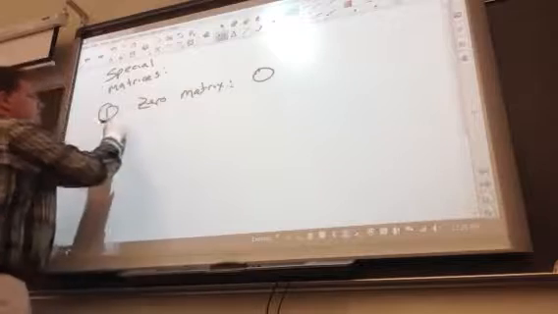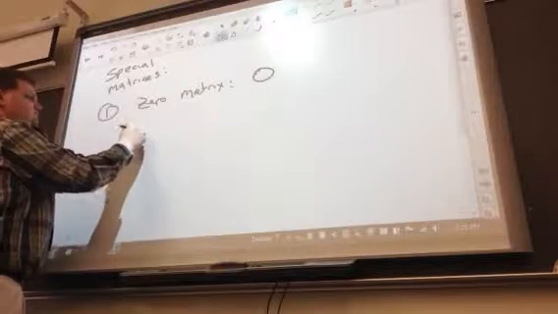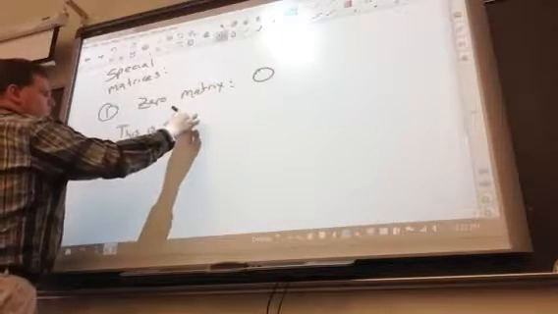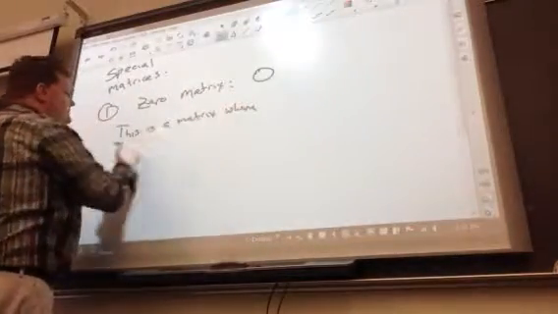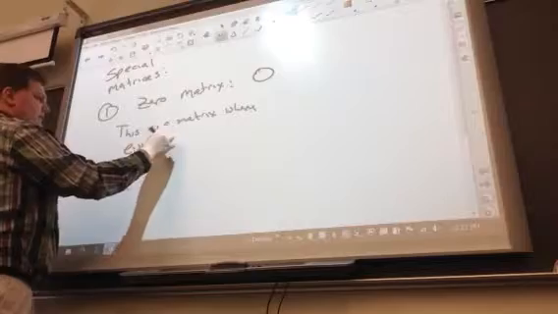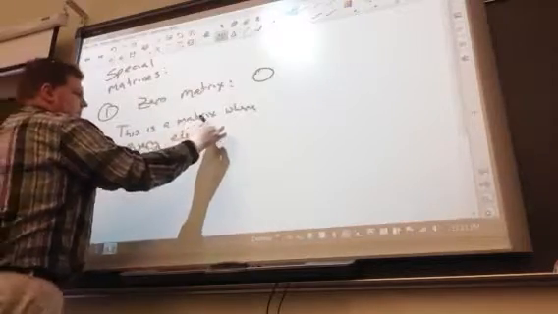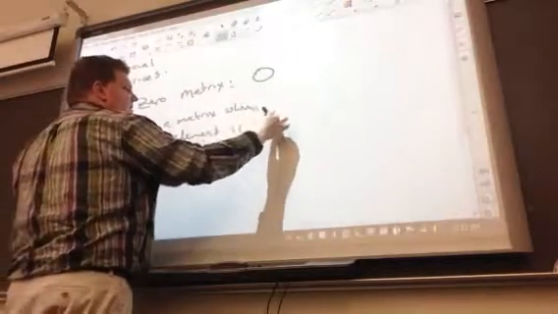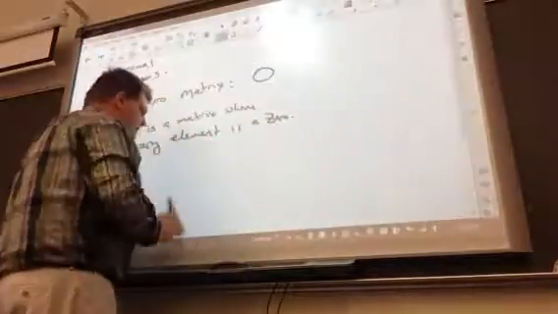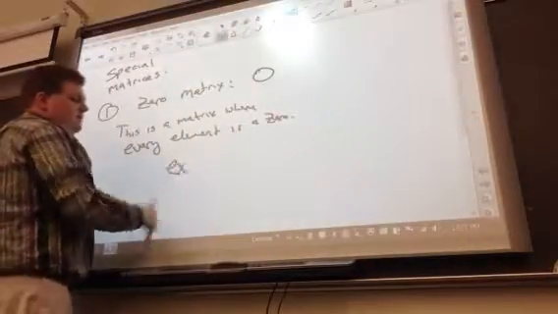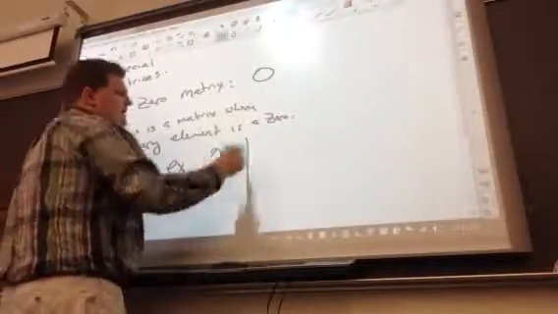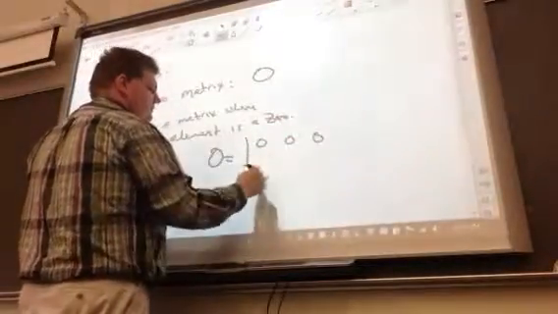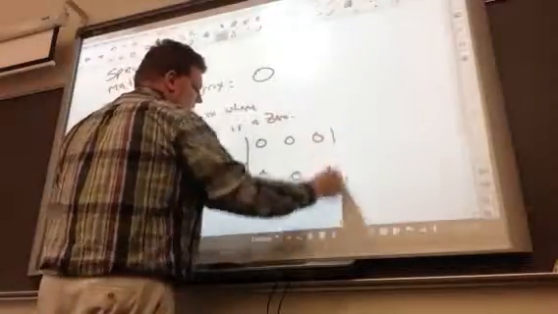This is a matrix where every element is a 0. So an example, my 0 matrix could be something like 0, 0, 0, 0, 0, 0.